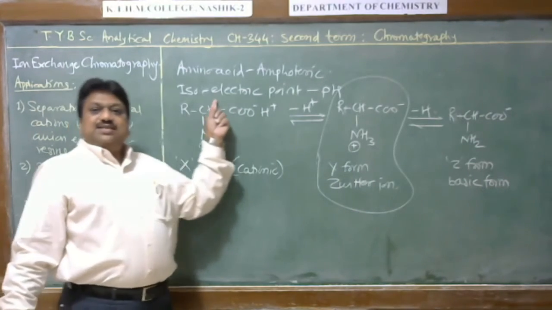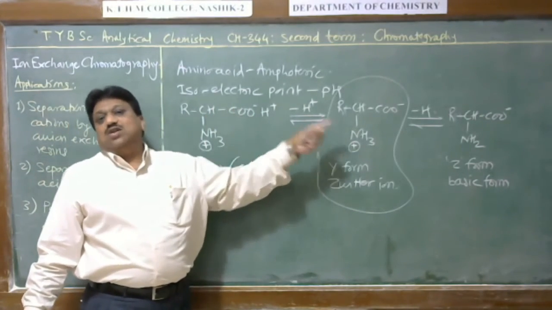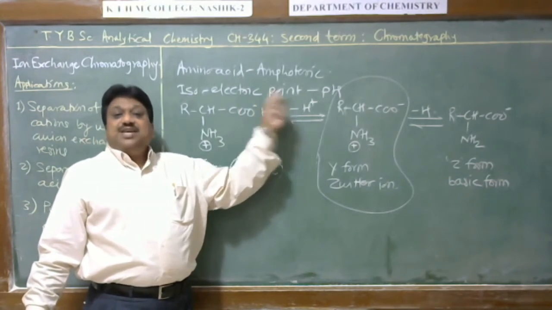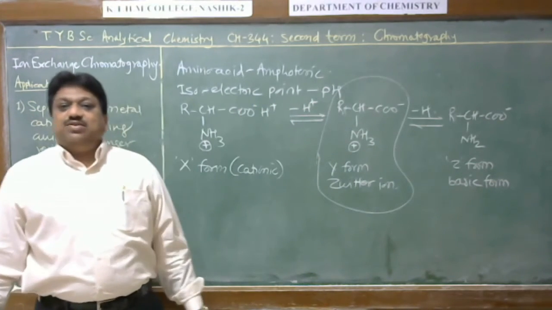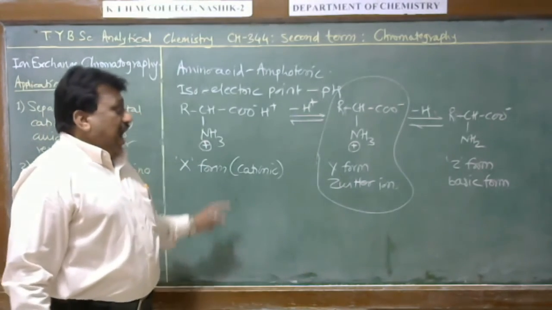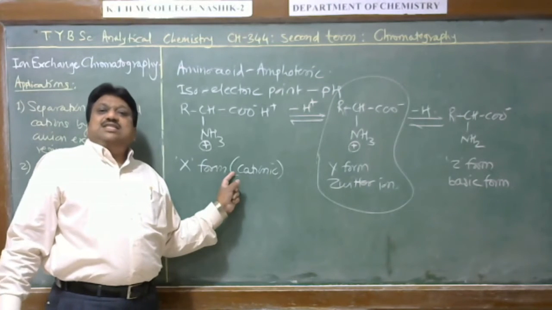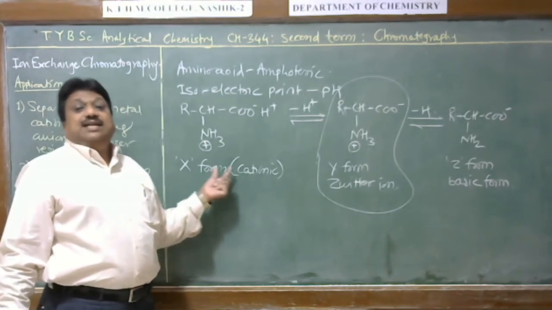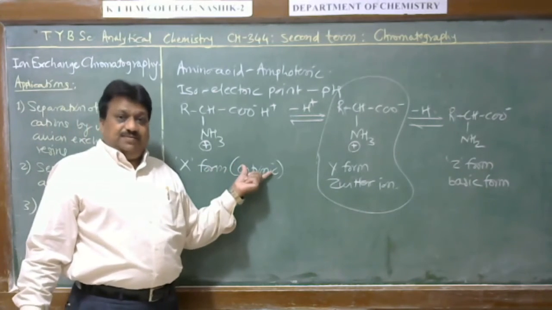Therefore, amino acids are initially separated on the basis of their isoelectric point, the pH at which the net positive and negative charge on the amino acid is 0. After that, this mixture of two or more amino acids is treated with H+ ion.